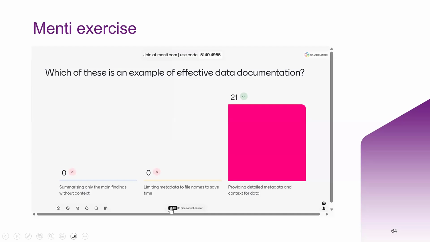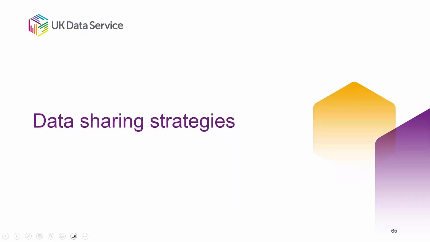Easy questions after almost an hour and a half. But yes, it's really important to have detailed metadata and the context for your data. This truly ensures that the data can be used ethically by other researchers as well. When all of that information is lacking, you will get misuse by accident.